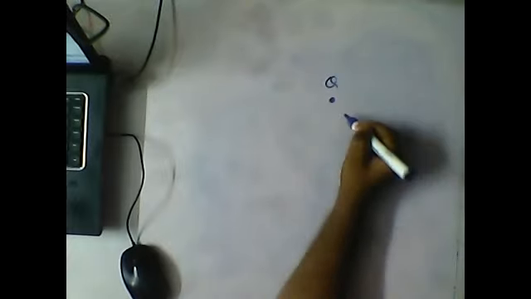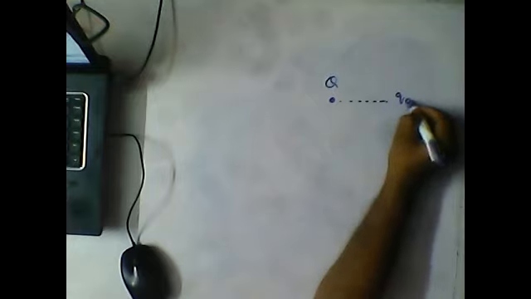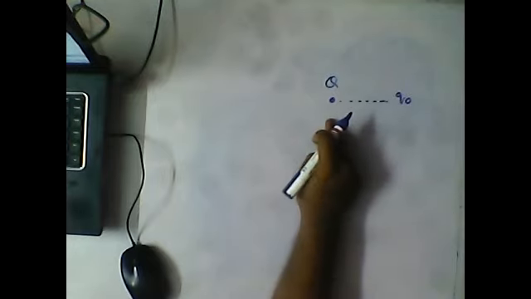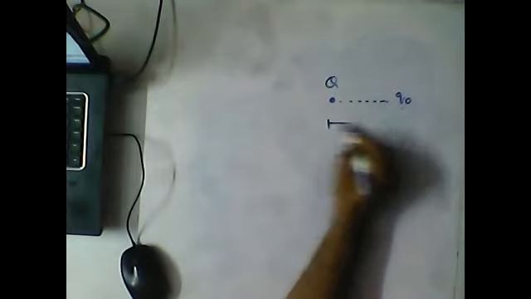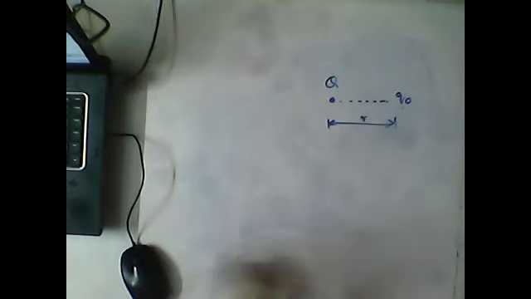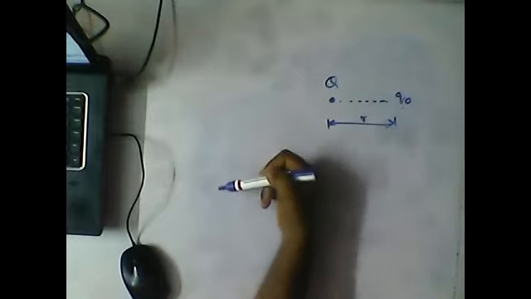Okay guys, we will discuss the formula for the electric field intensity due to an isolated point charge. For example, consider a charge capital Q and a small test charge Q naught at a distance of R. Now Q will exert some force on Q naught.